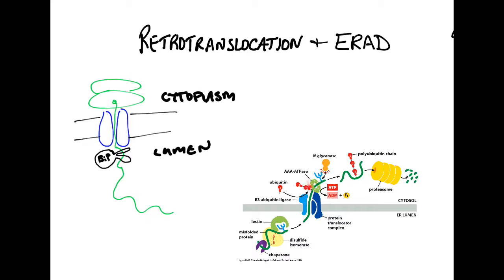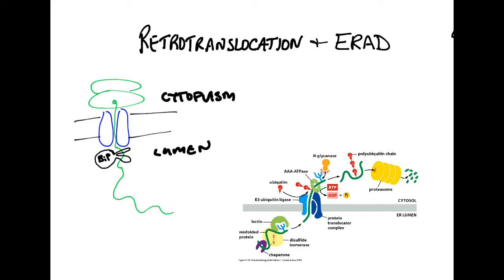And that process is also assisted by a AAA ATPase. Remember the hexameric ring structure that we've talked about several times, providing the energy and also unfolding the misfolded protein as it emerges into the cytoplasm.